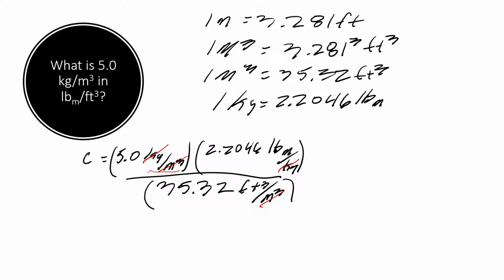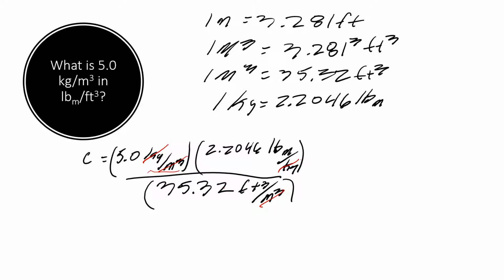0.312. And we'll talk more about how many significant digits you would keep when you do a calculation like that. For now, because we started off with 5.0 kilograms per cubic meter, 2 significant digits, we're going to stick with that.